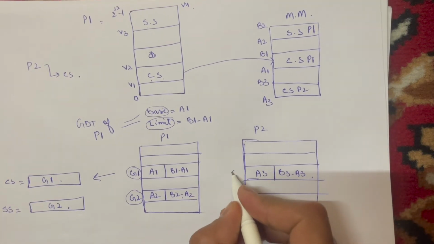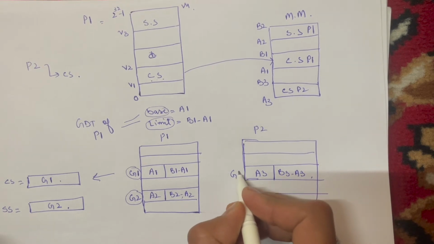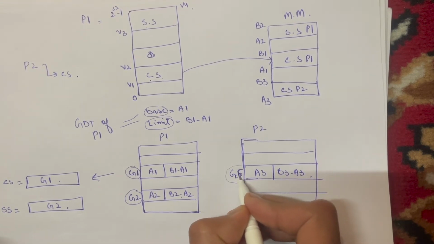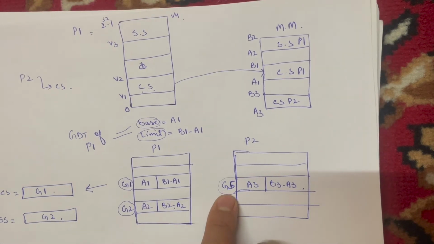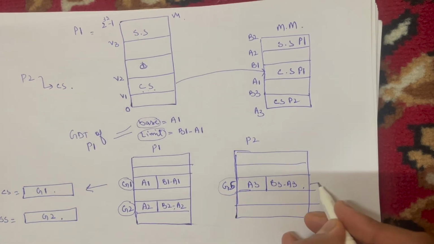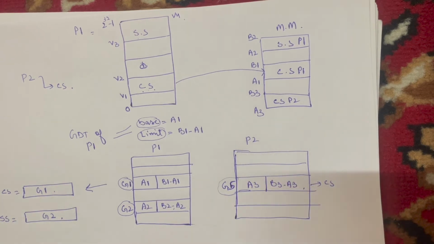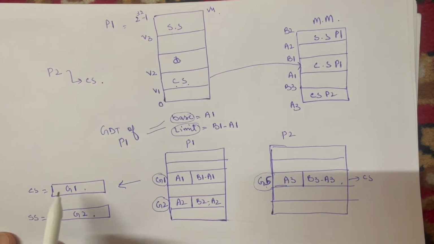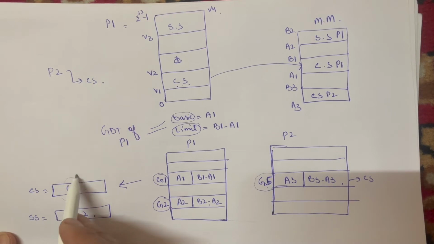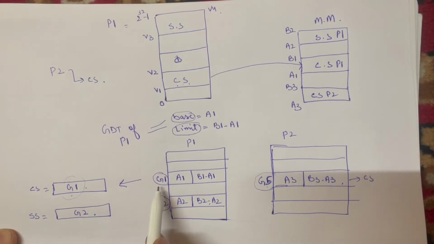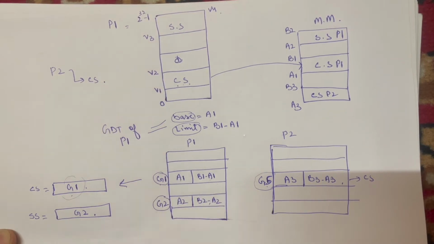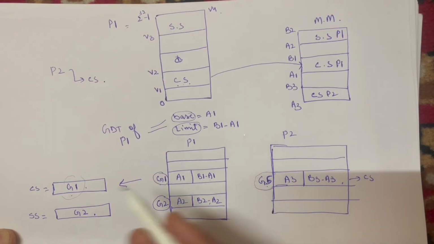And let's suppose this address is G5. Now I have to store this G5 in the code segment register, as this is the code segment of P2. But in the code segment register I already have G1, where G1 is the code segment of process P1. So how will I store G5?